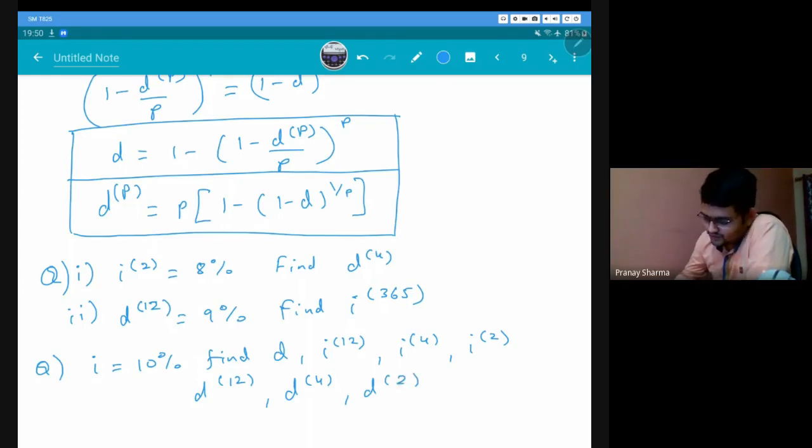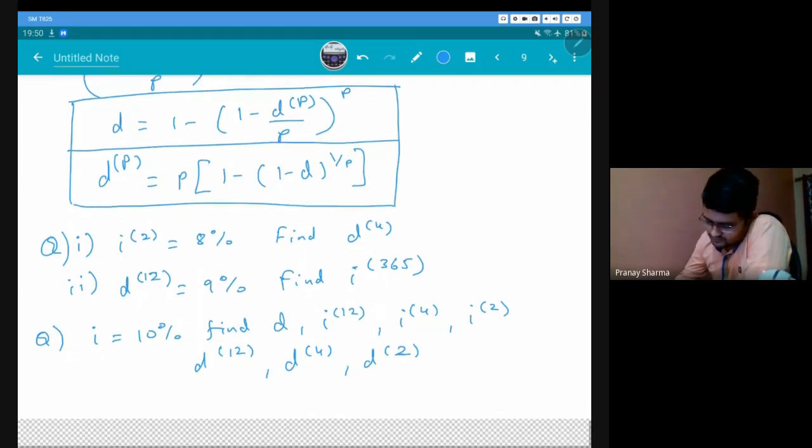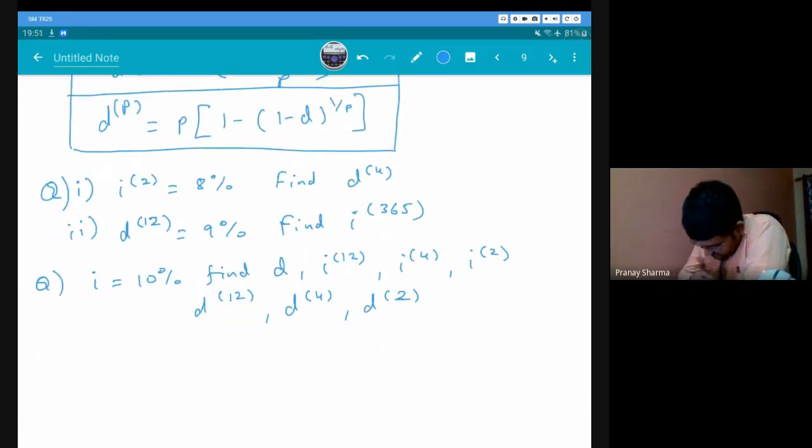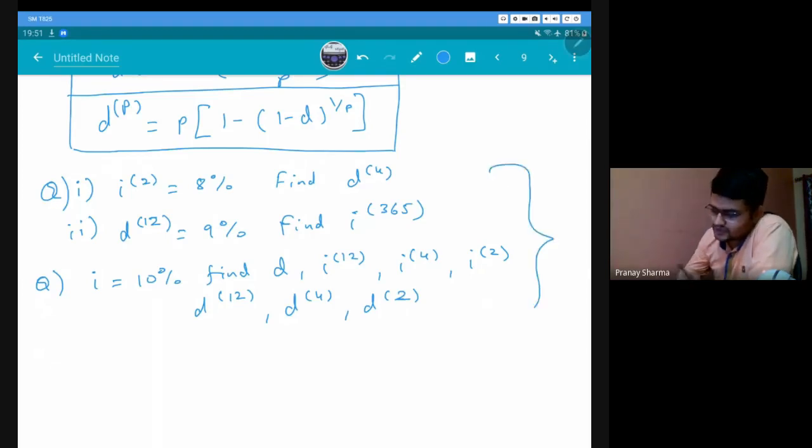This is homework. So this much is homework. The formulas that we have just seen, we will have to use them to find these values.